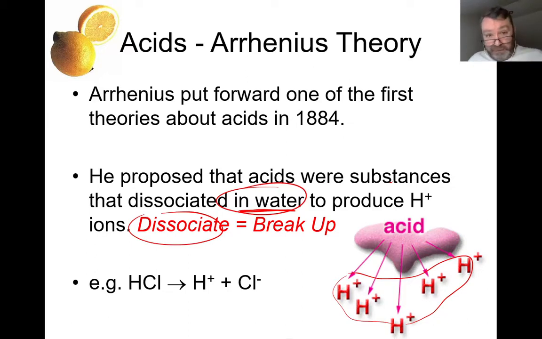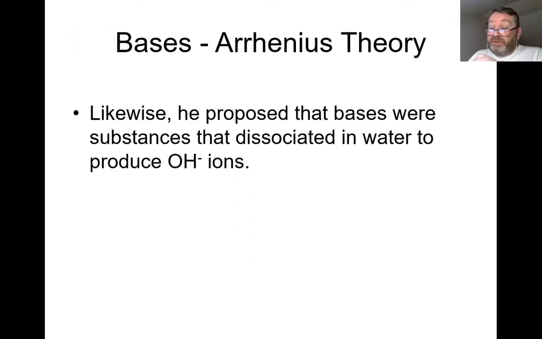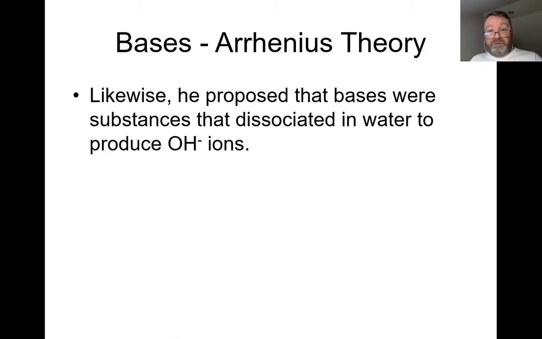Okay, and then of course there's the obvious question. Well, if an acid produces H+ ions, and I now know that when you put it into water it breaks up and gives H+, what does a base do? And again the same thing. Arrhenius developed a definition for what a base was, and he simply discovered that if you placed a base into water, a dissociation also took place. So the base broke down, okay?